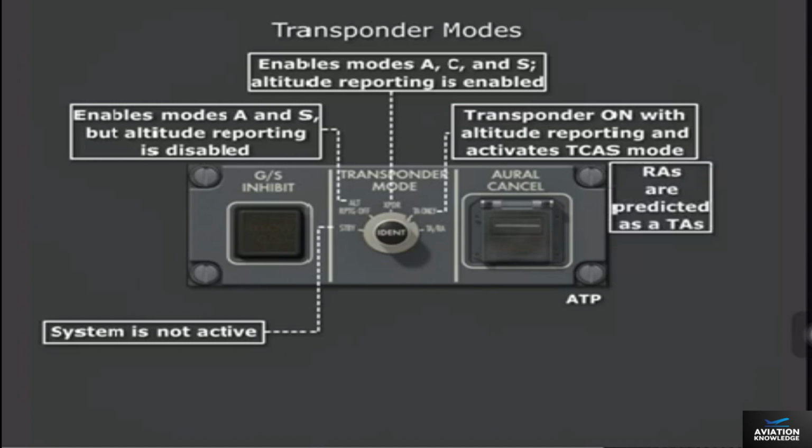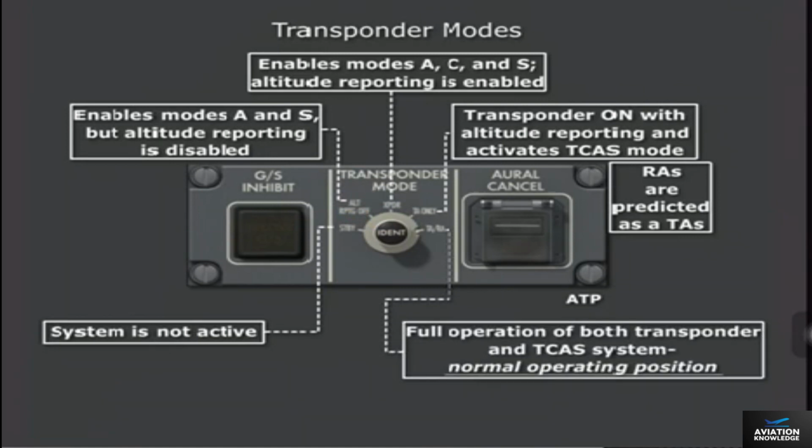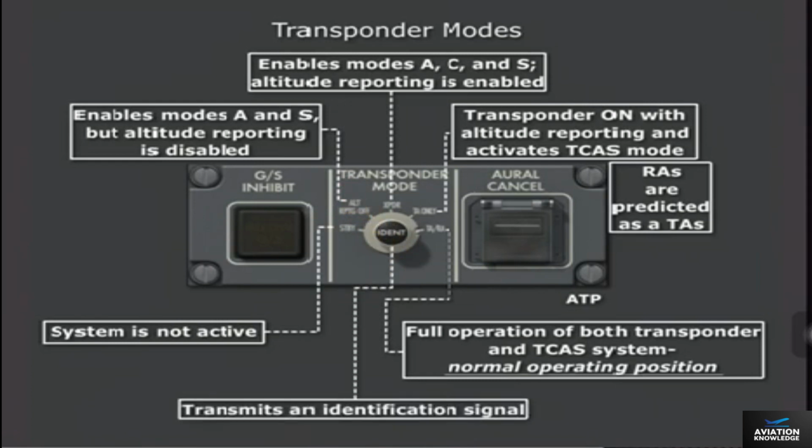In this position, all aircraft that would have been predicted as an RA are predicted as a TA. TA-RA selects full operation of both the transponder and TCAS systems, and is the normal operating position. The ident switch in the middle of the selector transmits an identification signal.